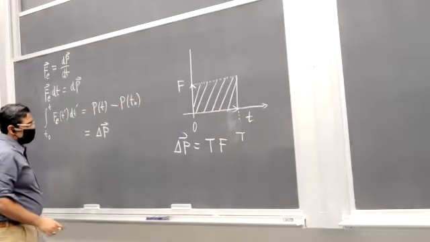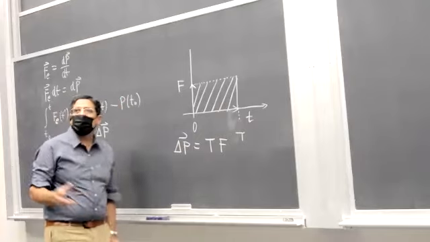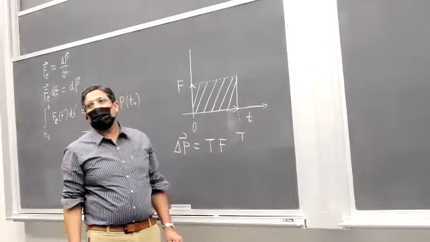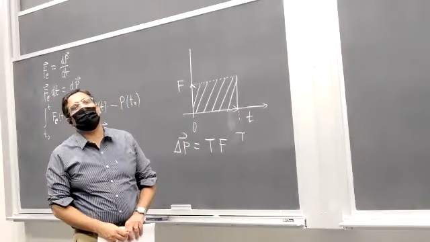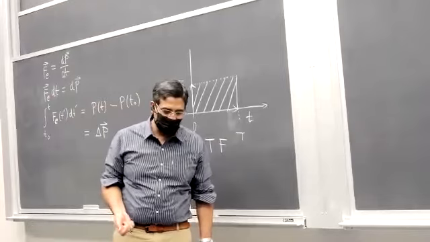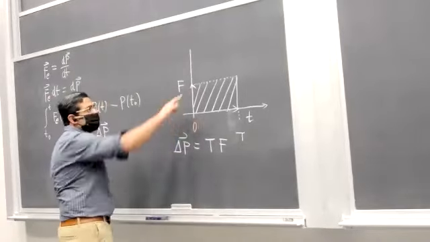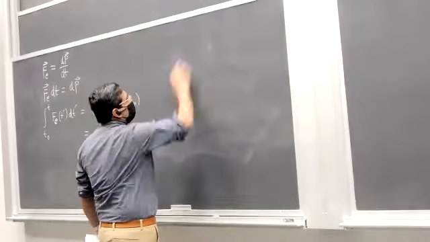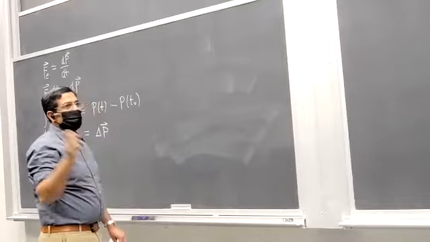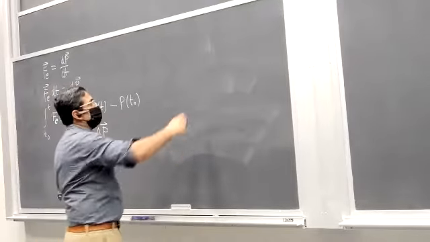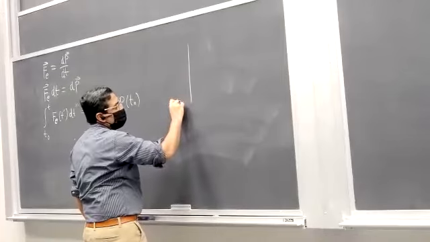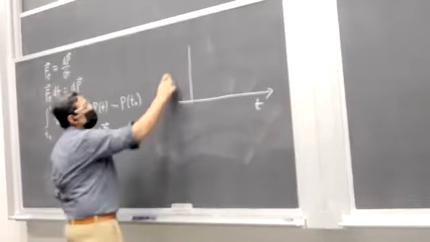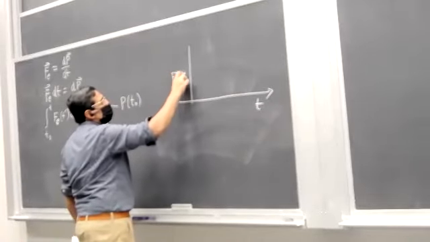But if the force, let's say, think about if you throw a tennis ball against a wall, okay, what kind of force profile do you think of? The force would not be constant in time. The force acting on a tennis ball that hits a wall, for example, is more likely, although it's very hard to know its exact form, and this is just a guess, it's more likely going to look like this.